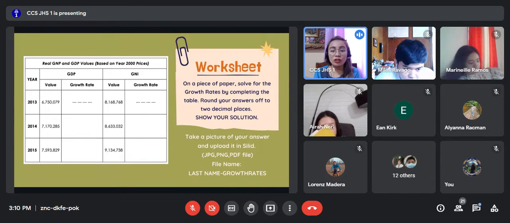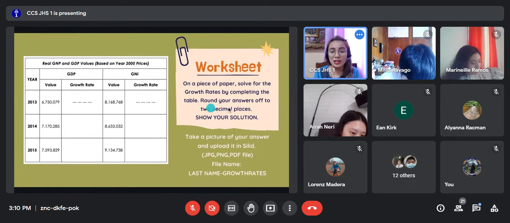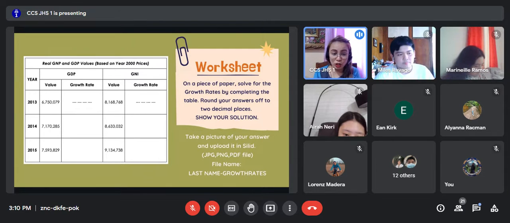Now, just make sure that when you solve for the growth rates, please show your solution and make sure to round your answers off to two decimal places. Again, show your solution because this worksheet will be a total of 20 points.